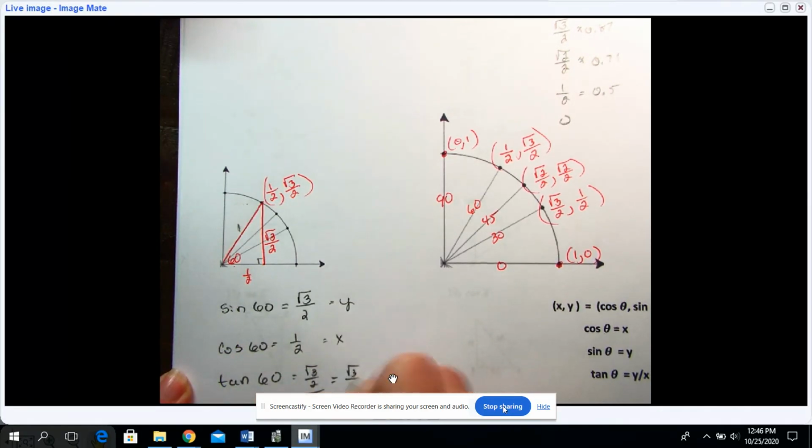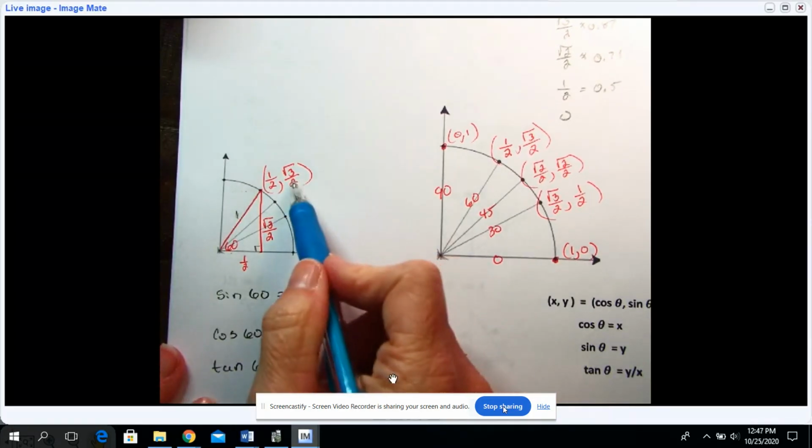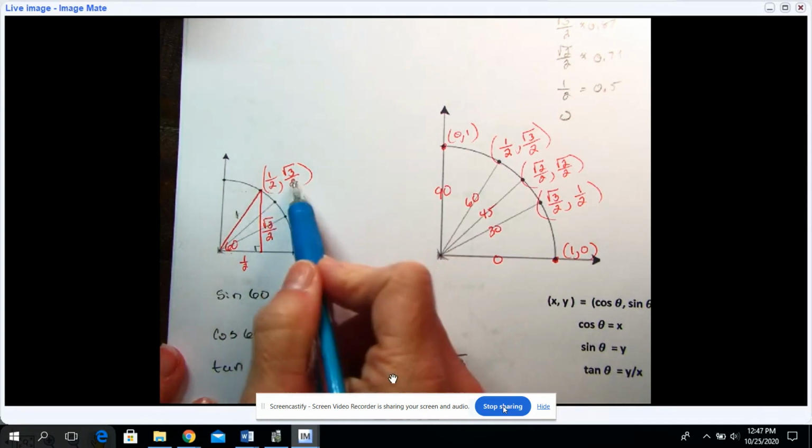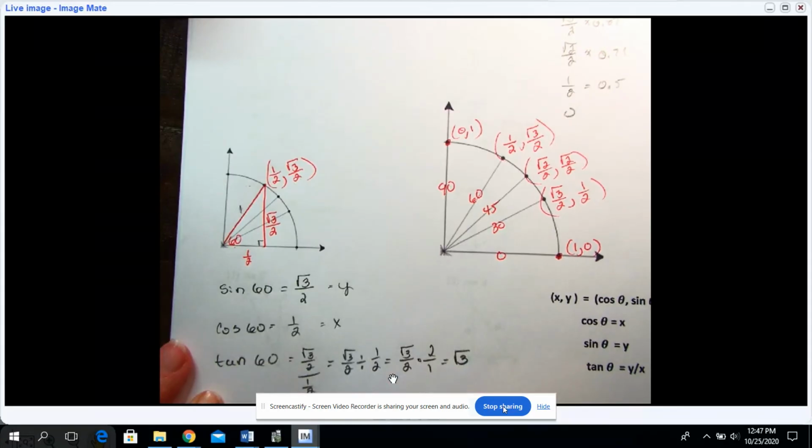Remember, we do not divide fractions. We multiply by the reciprocal, and that would just be the square root of 3. Well, that's the same thing as saying y divided by x. That's exactly what we just did, y divided by x.